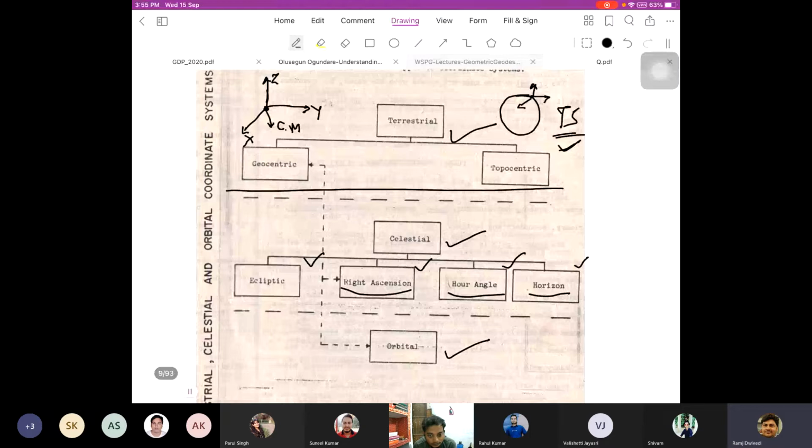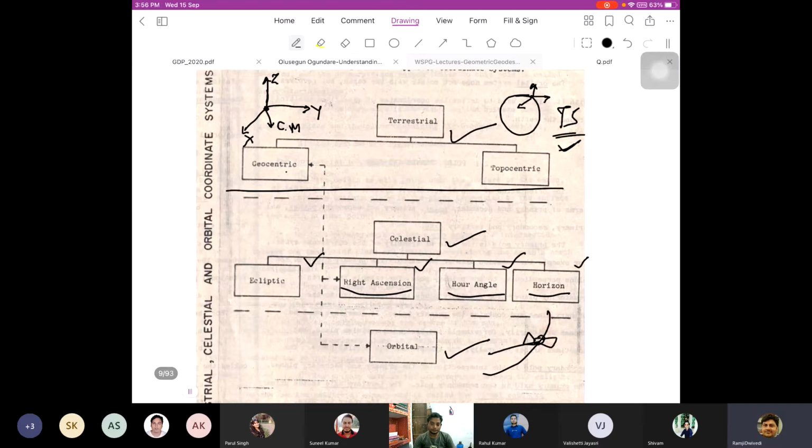Orbital is sometimes related to the satellite moving in the orbit, whose position needs to be estimated in a geocentric coordinate system. Why? Because of the nature of the satellite: it is meant to serve a purpose, isn't it? A satellite is not sent into space just for fancy reasons. It has been sent for the community, for humanity, for serving a purpose.